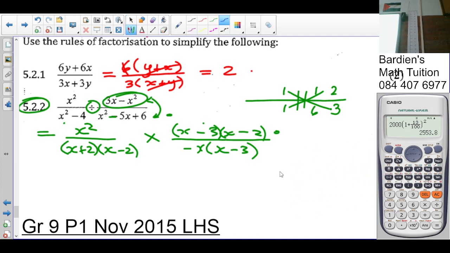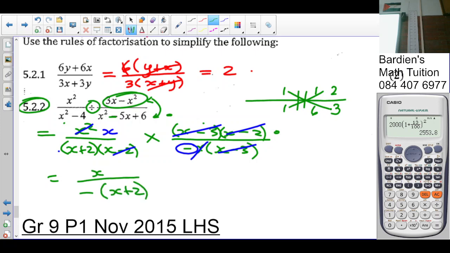Cancel out the common factors. x minus 2 with x minus 2, x minus 3 with x minus 3. One of these x's leaves you with x. Don't forget about the negative and then this bracket here. So what's the answer? x over negative open brackets x plus 2. The negative can be here or there, it doesn't matter, it all means the same thing.